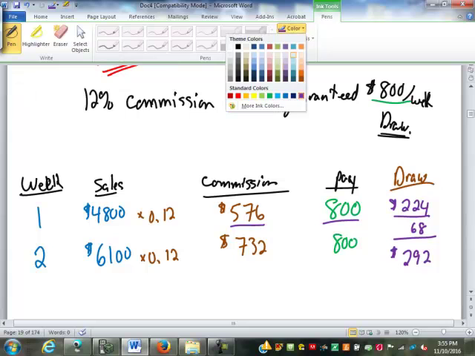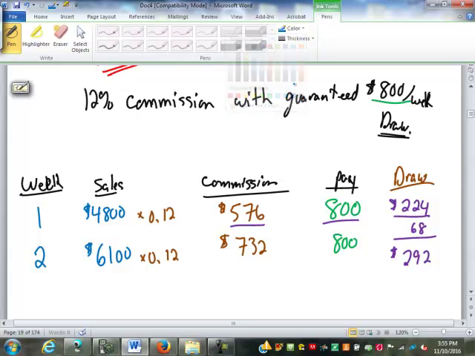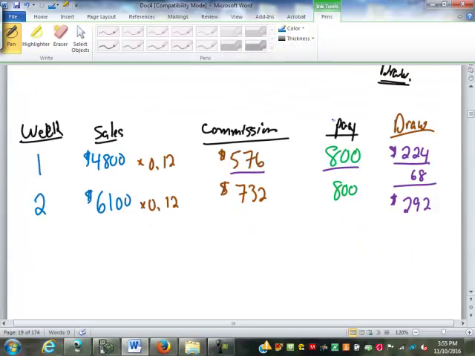So now in the next week, let's say you kind of hit your stride, and you sell, I don't do 7,000 on it, it's a little closer, 6,800.